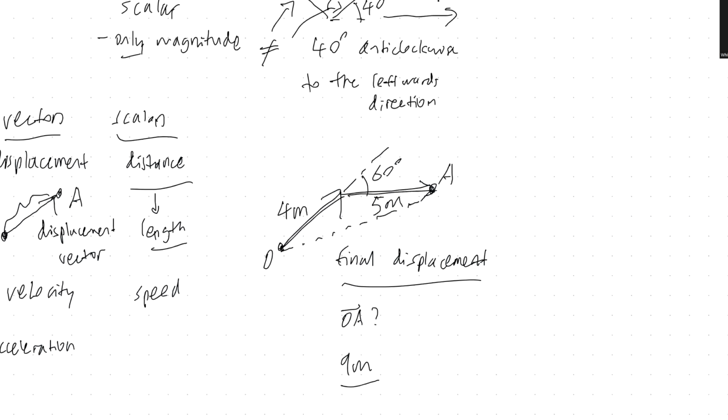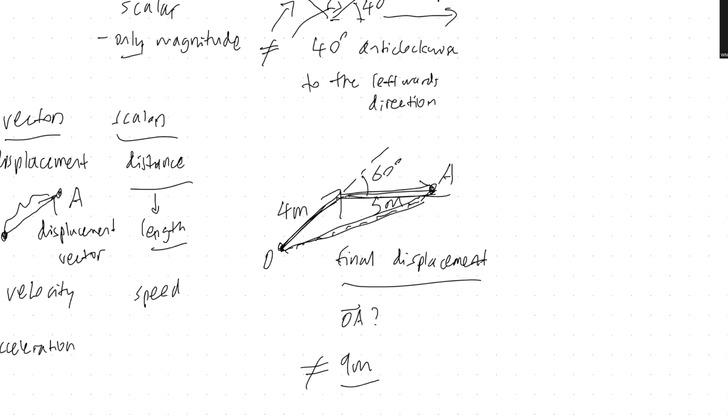Think about the triangle inequality: the lengths of any two sides summed together cannot be smaller than the length of the third side. And because your vectors are pointed at an angle to each other, your final vector will actually be of a smaller length than the sum of the two lengths of the individual vectors. And so therefore the answer definitely is not 9 meters.